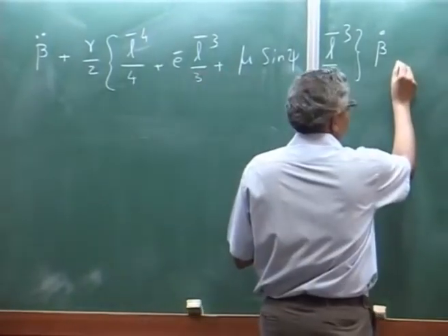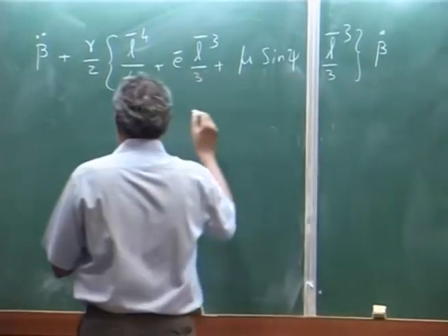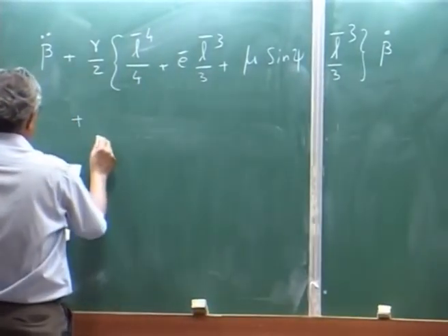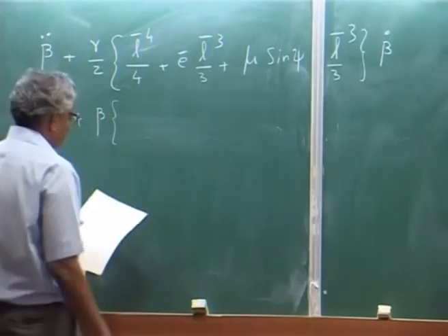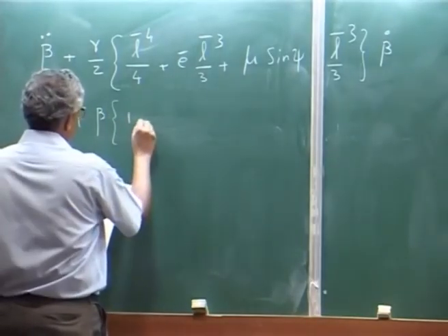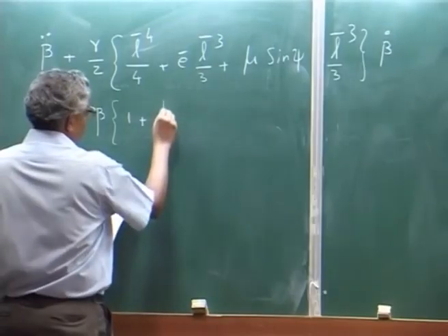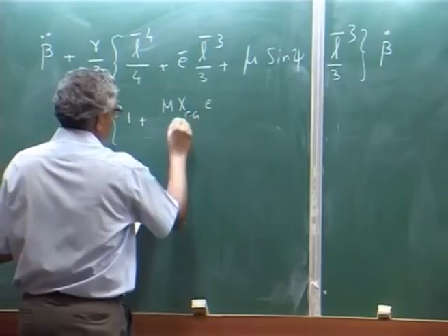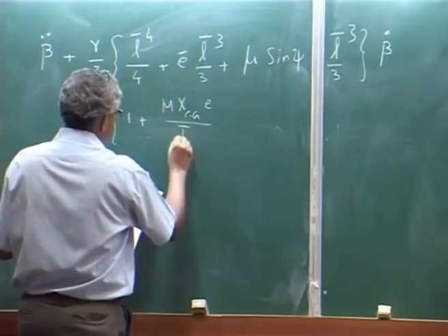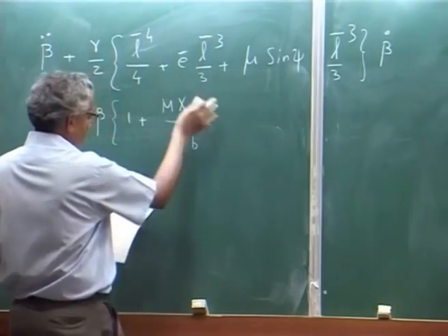Then you add beta term, maybe I will put it here, plus beta into 1 plus, I am writing here slightly differently. Please note, later I will show you what this particular term is.